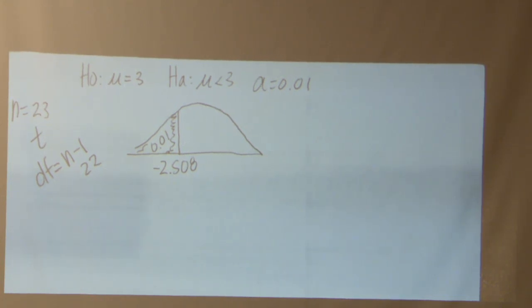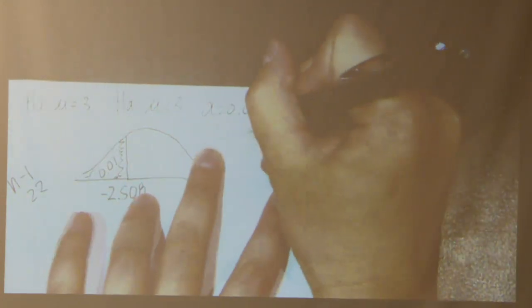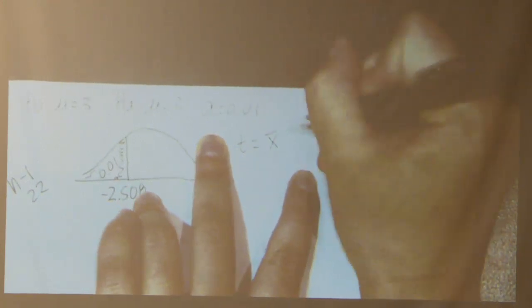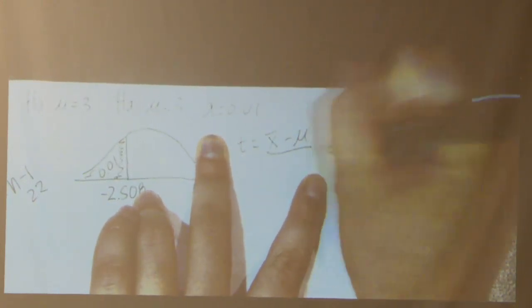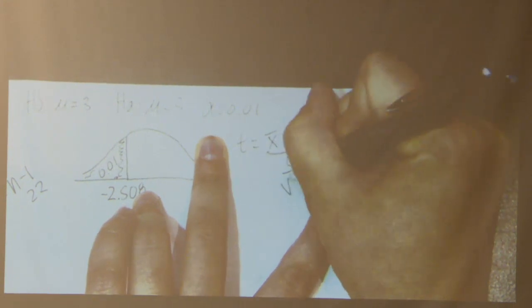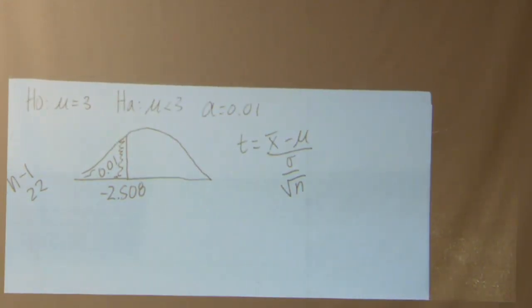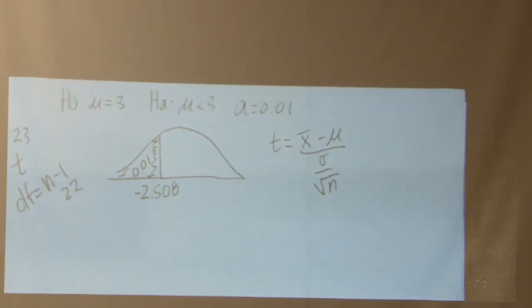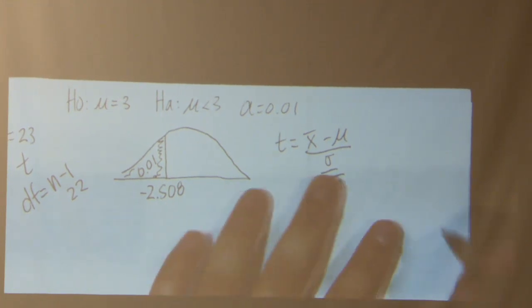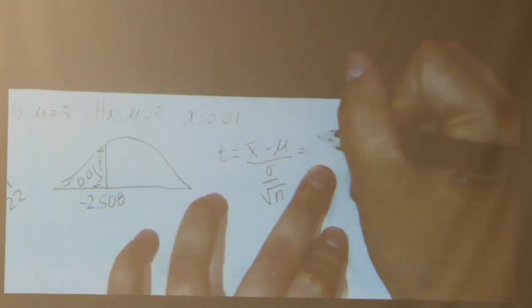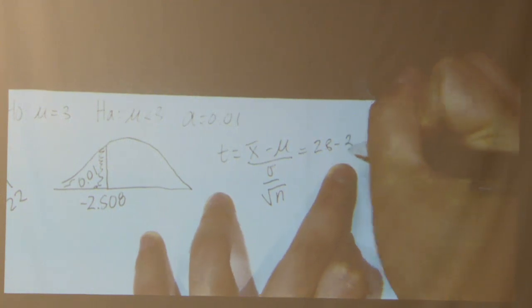So to find the test statistic for t, we're going to take our x bar value, minus the mean, divided by the standard deviation divided again by the square root of our n value. So our x bar value was 2.8, minus the 3.